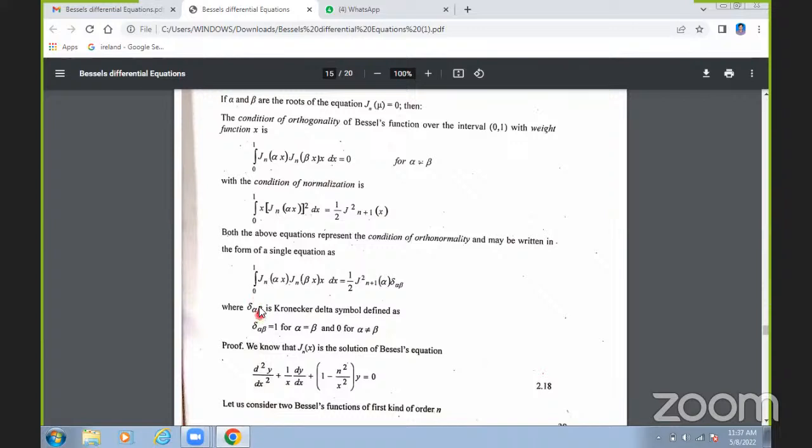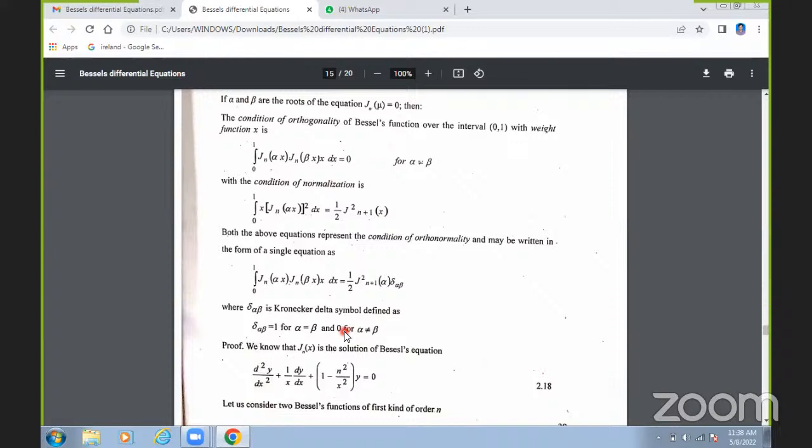The representation is delta of alpha beta, the Kronecker delta. It equals 1 if alpha is equal to beta, and delta of alpha beta equals 0 for alpha not equal to beta. So if both are equal, the Kronecker delta is 1; if they are not equal, it is 0.